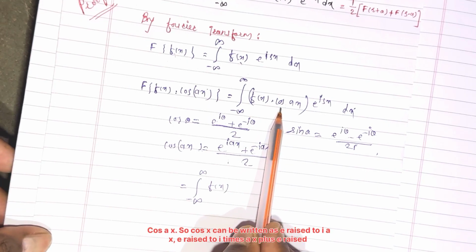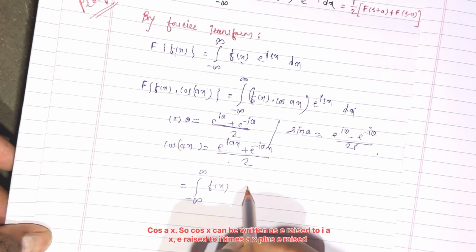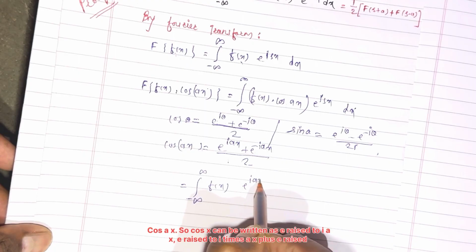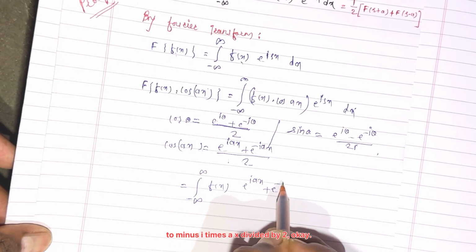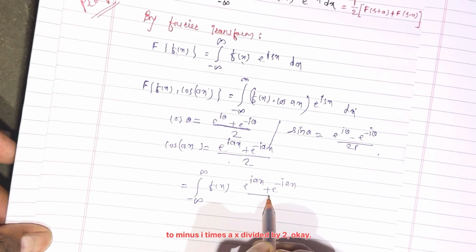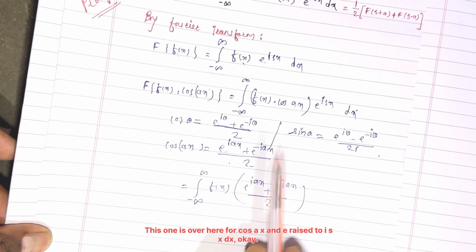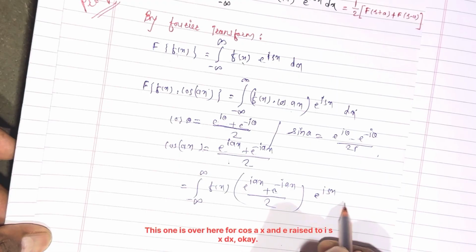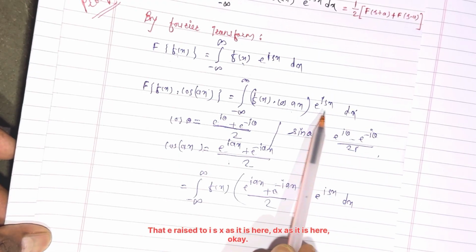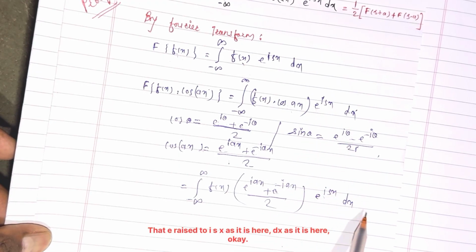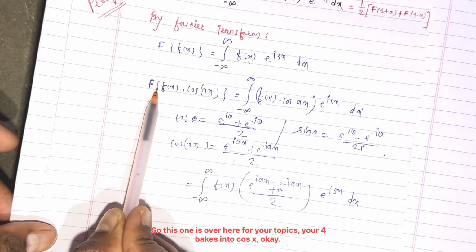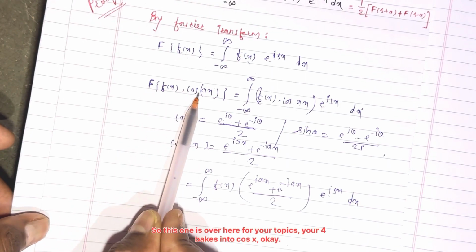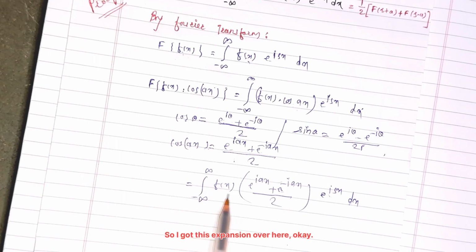Cos ax can be written as e raised to i times ax plus e raised to minus i times ax, divided by 2, and then e raised to i s x dx. That e raised to i s x stays as it is, and dx as it is. So this is the value for f of x into cos ax. Yes, so I got this expansion over here.